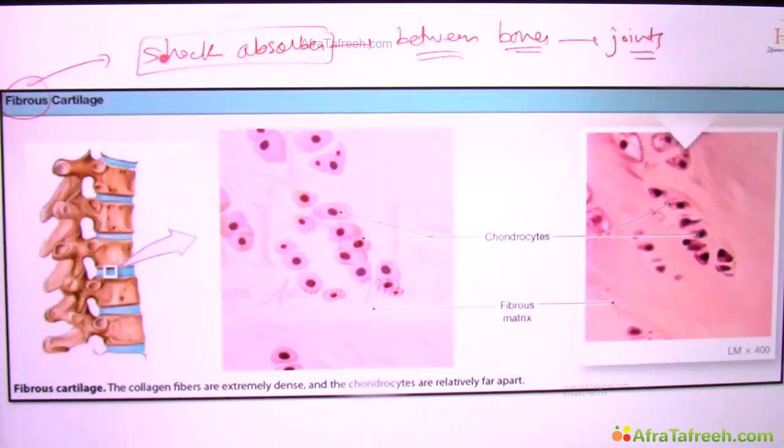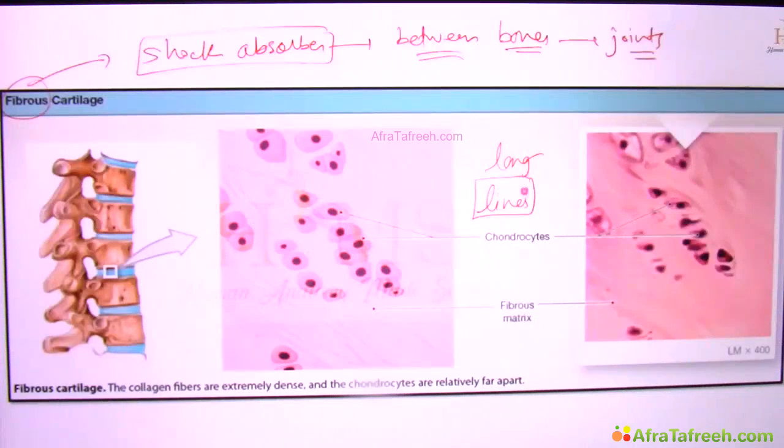Okay, then how do you identify it? See, now it is lines of chondrocytes. They run in lines, and they can be long lines. You are comparing it with the hyaline cartilage where they were in bunches. Here they are in lines.